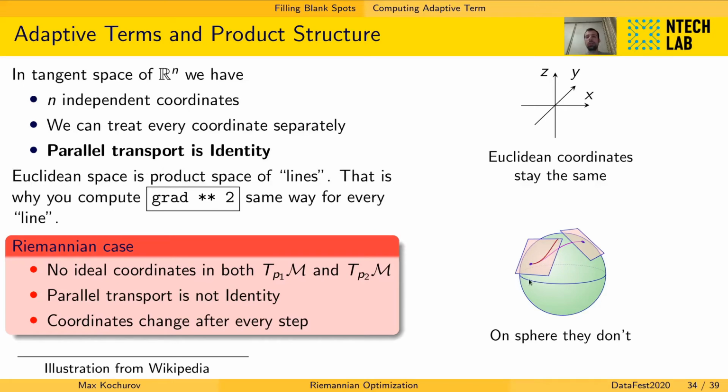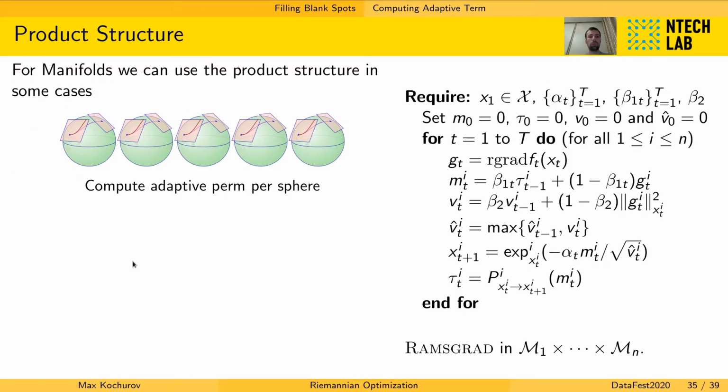We can't use the same coordinate space. The basis in this plane is very ambiguous, and parallel transport is not identity. So everything is not that pleasant in the Riemannian case. What would we do in the Riemannian case?